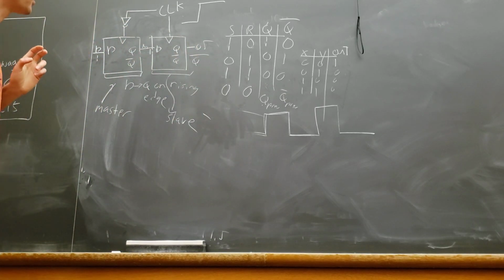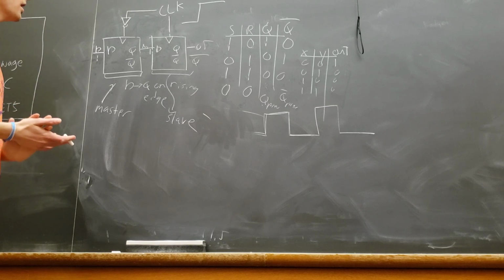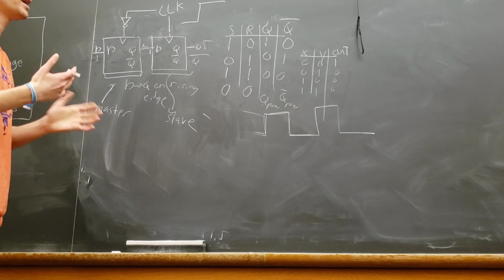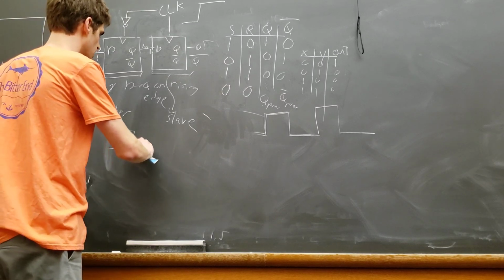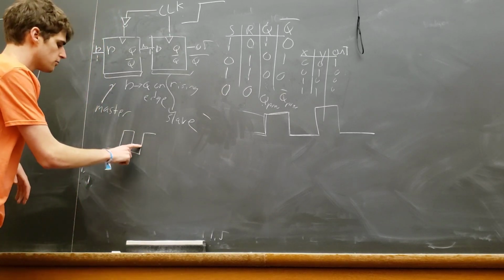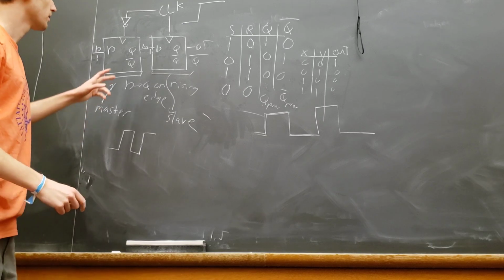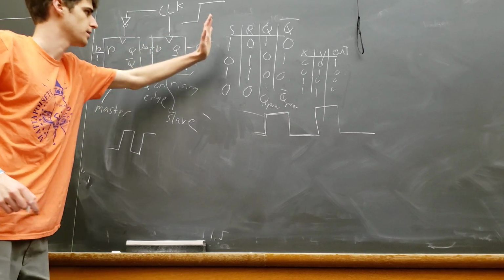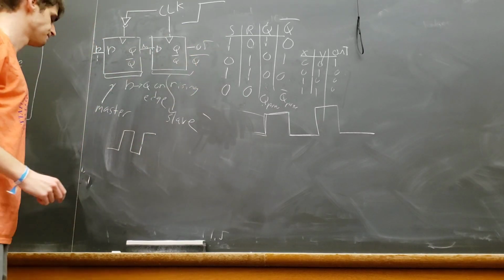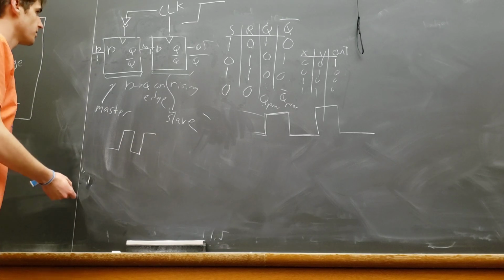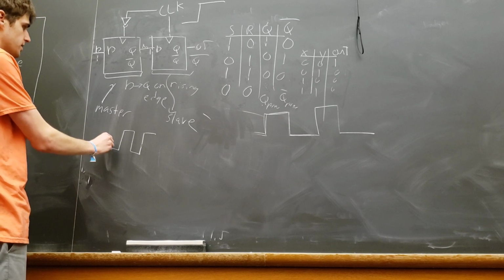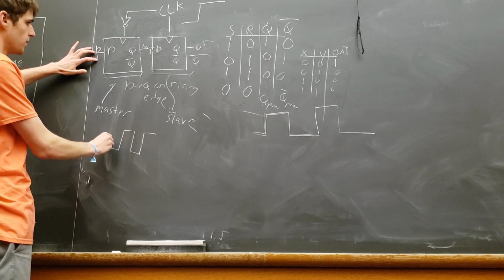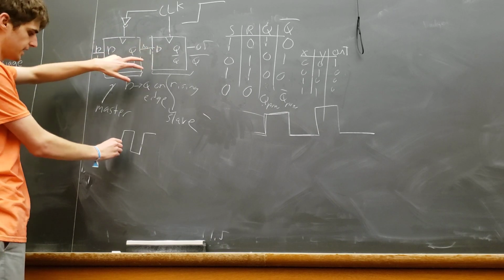So this is important because you can control basically when you want to update your data. Because if your clock is like 0, 1, 0, 1, every time that you hit a rising edge here, your updated data is going to be reflected here. So basically, when the clock's at a 0, you can put some data into this D, whatever you want to have output at the next clock edge.